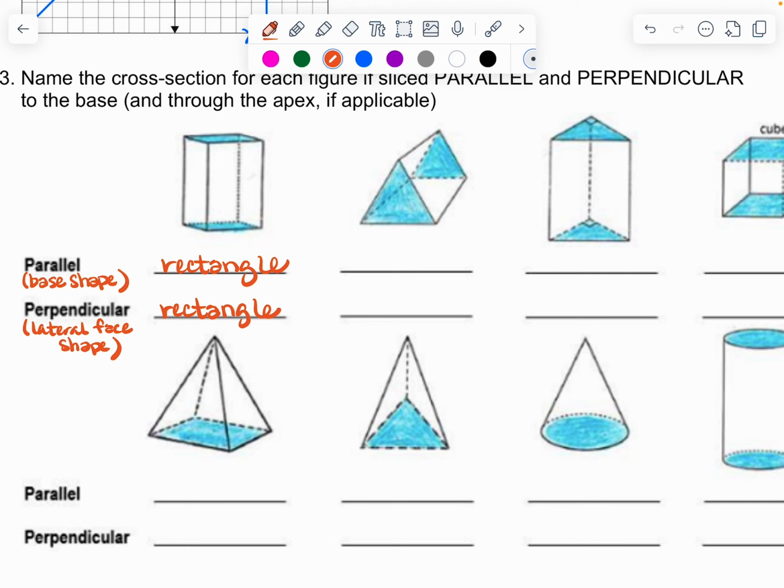So on the second one, it's a triangular prism. So clearly if I slice it parallel, now remember, this one's not sitting on its bases like the first one. If I slice it parallel to the bases, right, then I'm going to get a triangle because that's the shape of the bases.